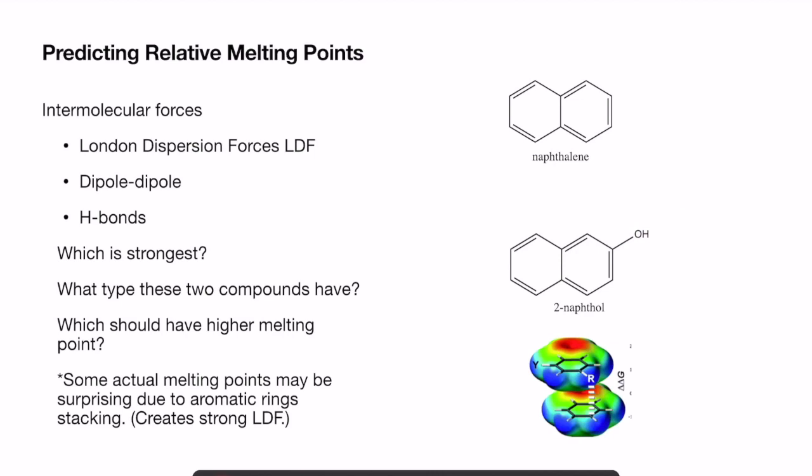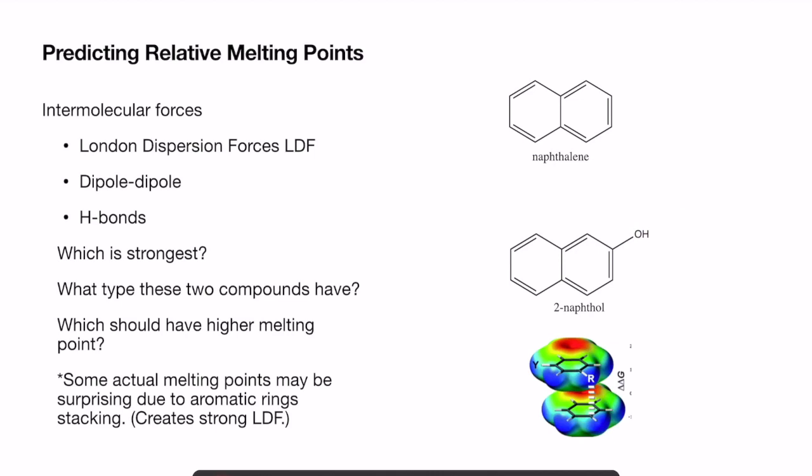Now that we've talked about bond line structures and a little bit about the structure of organic compounds in general, we can talk about melting points and predicting relative melting points. Hopefully you remember intermolecular forces from general chemistry. And if you don't, there's a tutorial on Canvas for you.